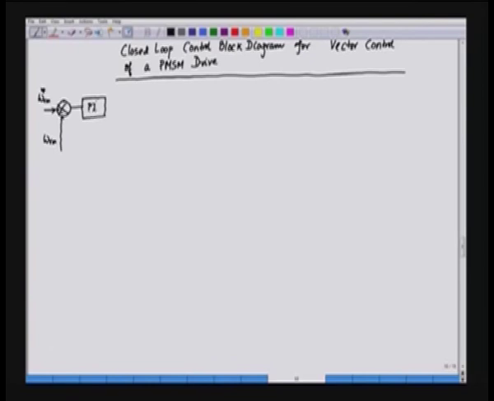This PI controller will be giving us the magnitude of the torque. So, we can say this is the torque that we get out of it, and the torque will be controlled as per the speed. As we know that up to the base speed the torque will be constant, and after the base speed the torque will be reduced for the field weakening region.